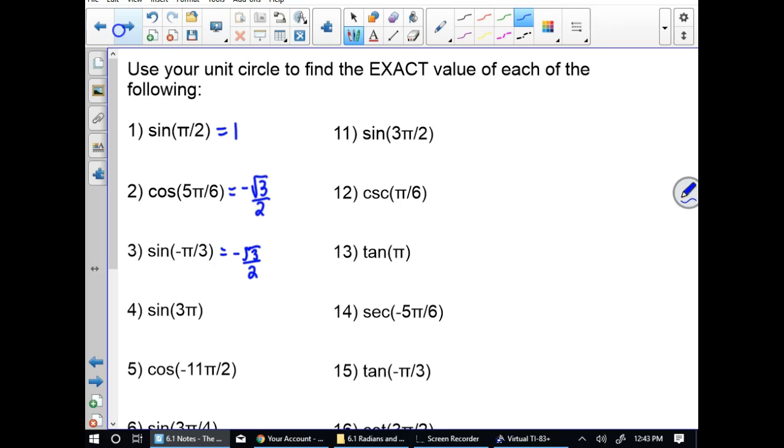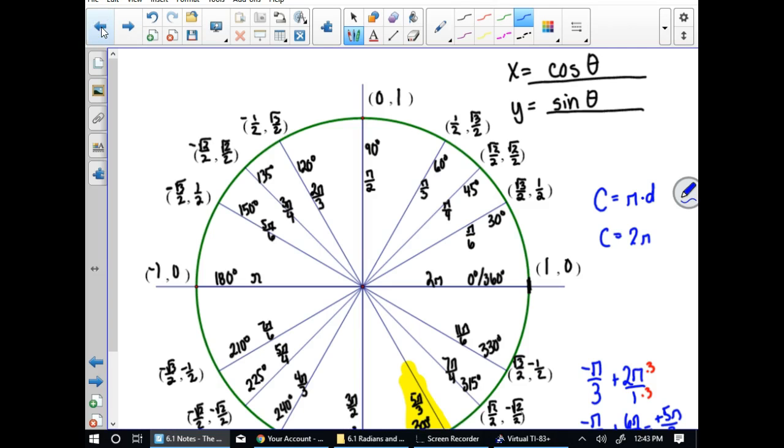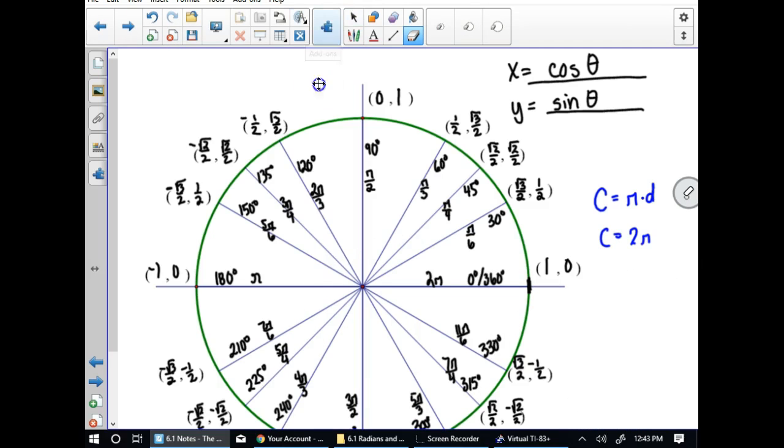3 pi is not on the unit circle. But I can always add or subtract 2 pi and it'll get me right back to where I should be. So if I take 3 pi and subtract 2 pi, that means this is the same as sine of just pi. Alright, so if you look on that unit circle, pi is right here.